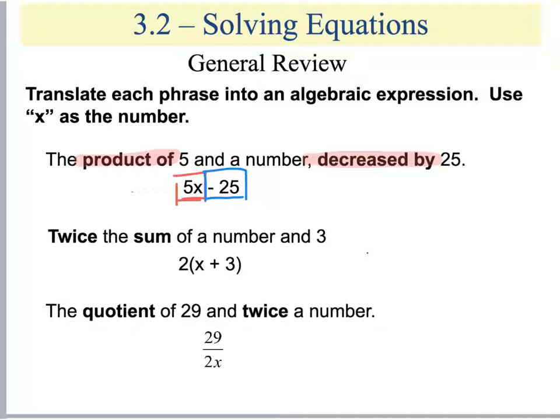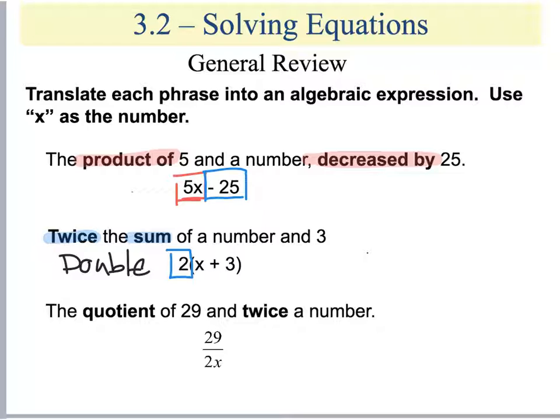Next, one of the things that we need to know is what does 2 mean right here? When we're multiplying by 2, there's 2 different terms that we can use. We can either say twice, or we can also say double. Either one of those means multiplied by 2. And then the next thing we have is the sum of a number and 3, or we could say the total of a number and 3, or the addition of a number and 3.